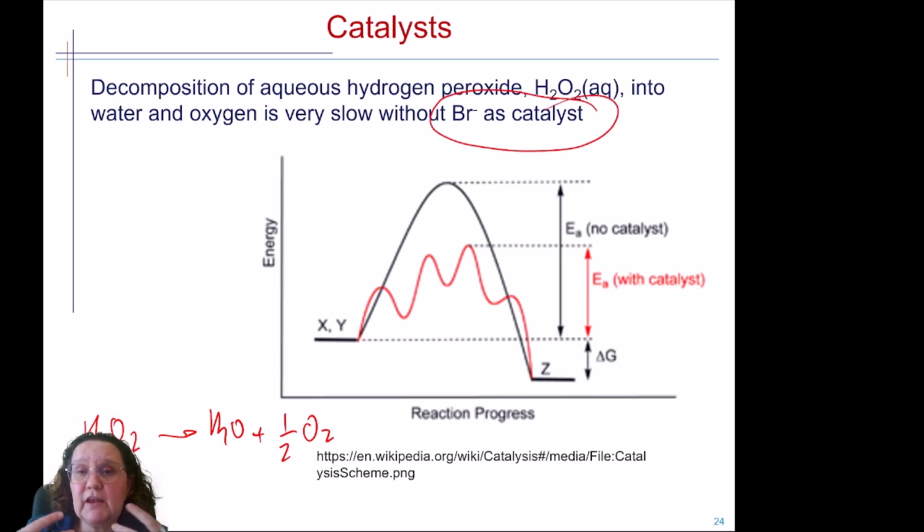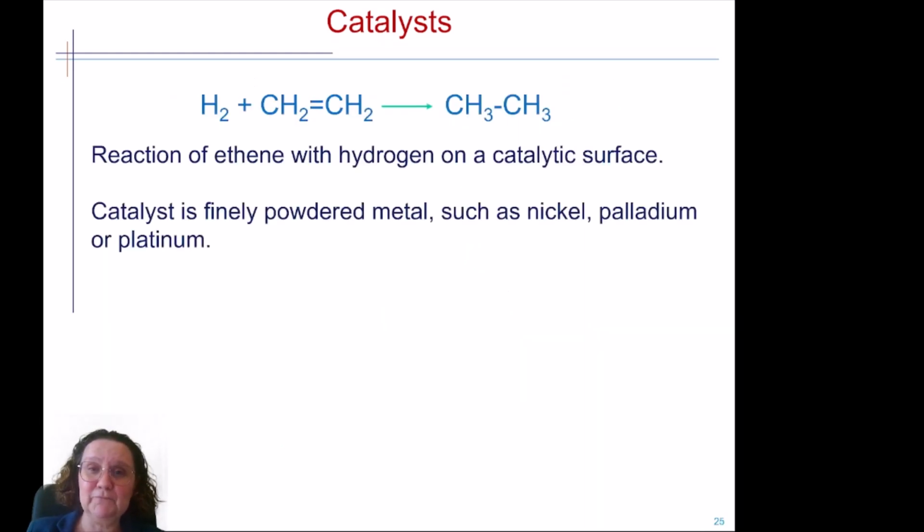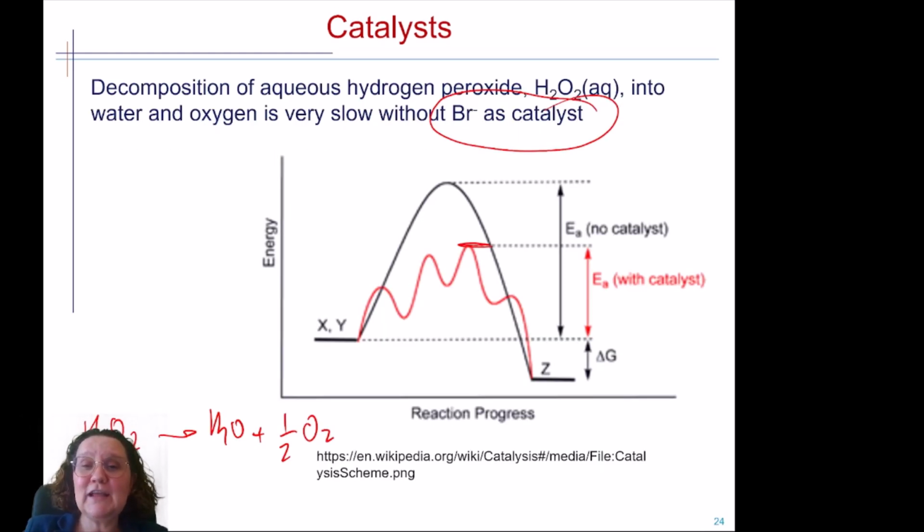And what bromide ions do is they help the decomposition of hydrogen peroxide, or H2O2, by providing an alternative reaction path. And here it is shown as a very bumpy ride, that different ones will have a different shape with those graphs. But the point is that without the catalyst, it takes all this activation energy for the reaction to react.